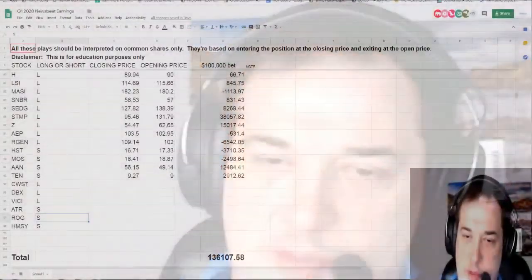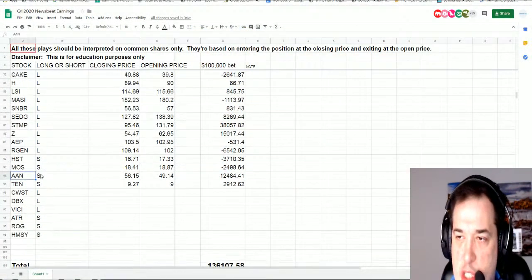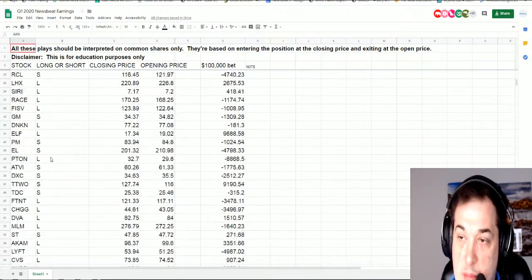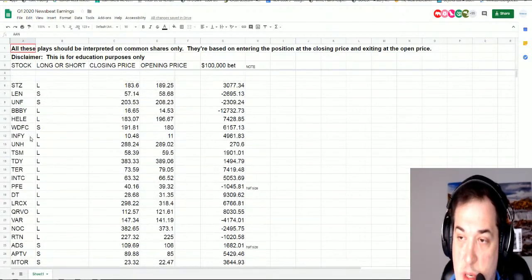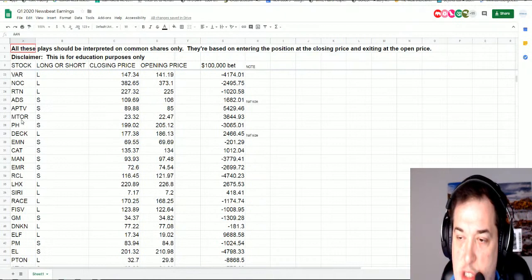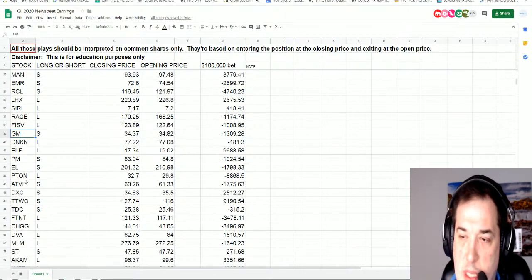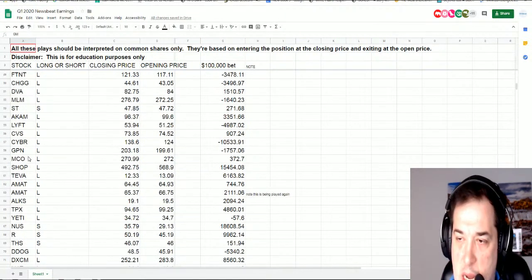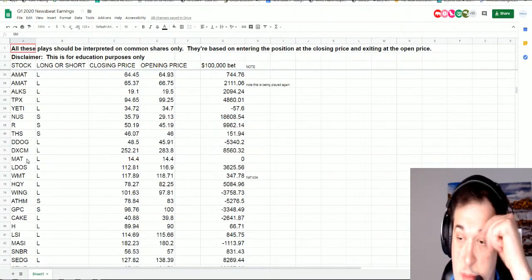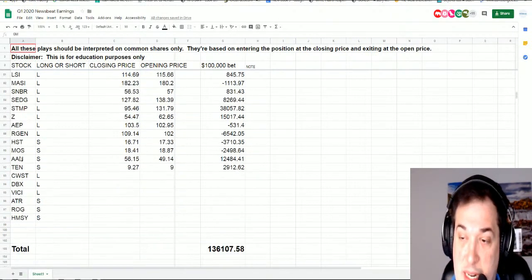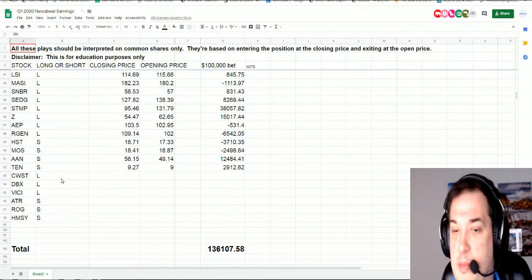So the whole point of this was to give you guys the largest companies, literally the largest companies in the world, larger cap companies, multi-billion dollar companies, and make it pretty much infinitely scalable.